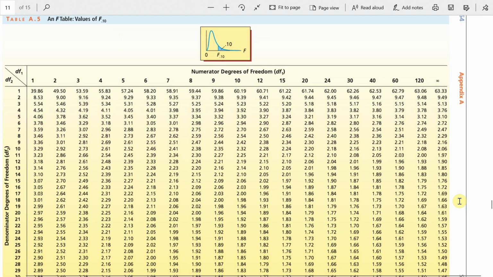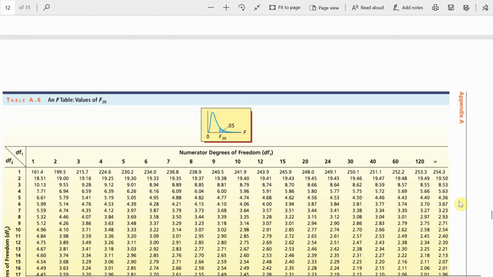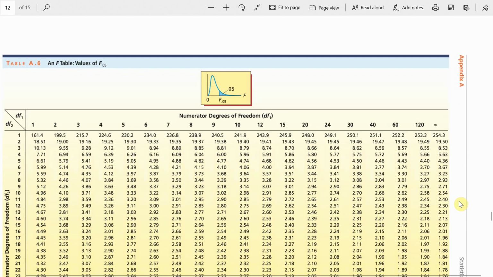So I must continue to move on to the next F table. The next F table I have is for, not alpha, sorry, but the right tail area equal to 0.05.